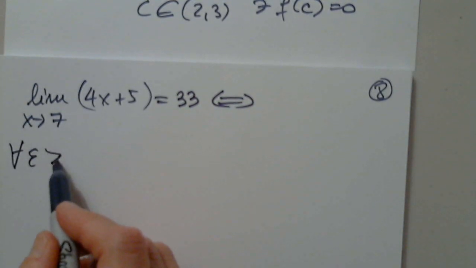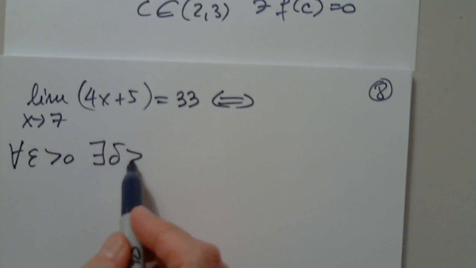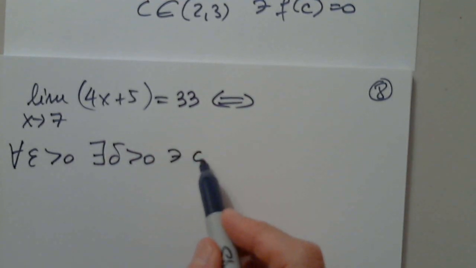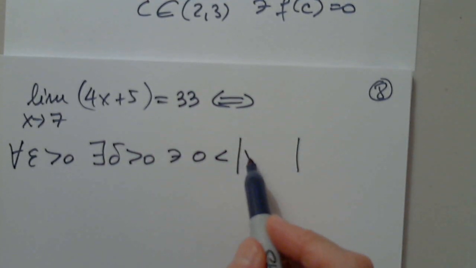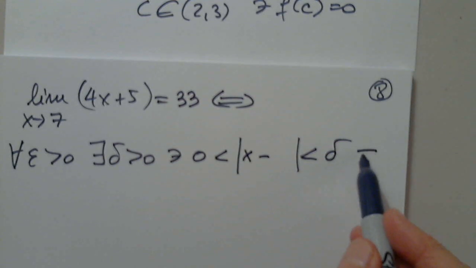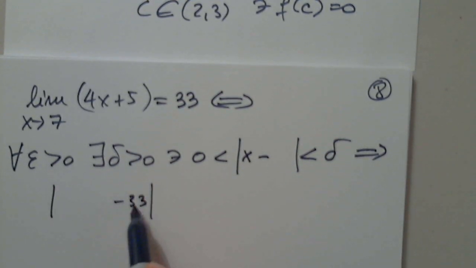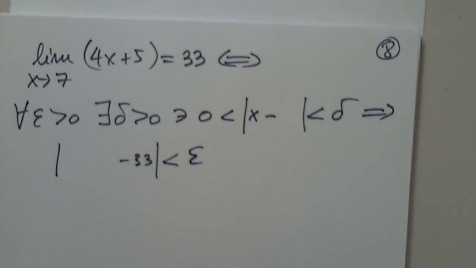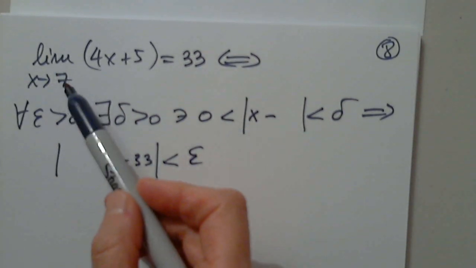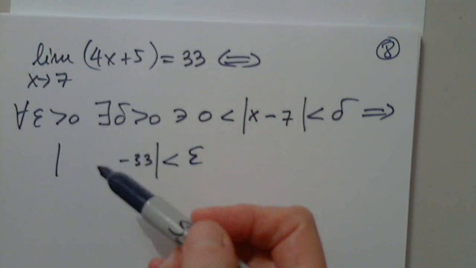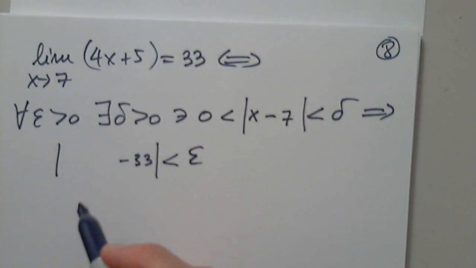So there is the double equivalency. For every epsilon positive, there exists a delta positive such that 0 less than absolute value of x minus 7 less than delta will always imply the absolute value of the function minus 33 is less than epsilon.